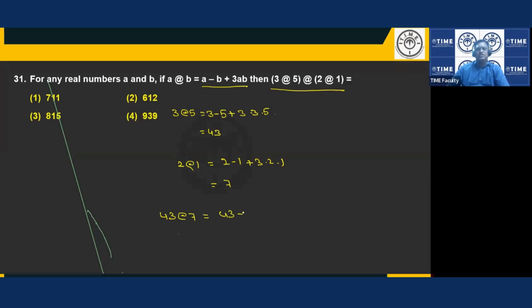By the formula, 43 minus 7 plus 3 into 43 into 7. 43 minus 7 is 36, plus 3 into 43 into 7. 3 into 43 is 129, into 7, 903. So 36 plus 903 is 939, option 4.